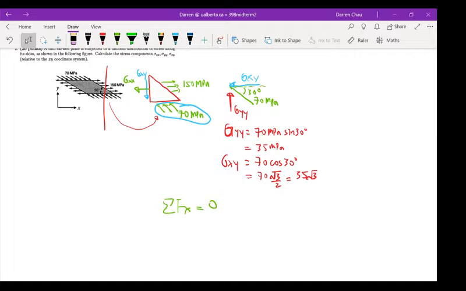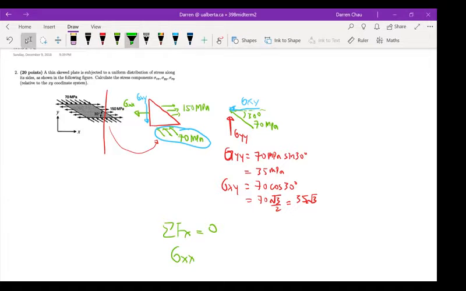Since we are using the force equilibrium equation, we have to use stress times the area to get the force. So sigma xx. Okay, before that, another thing to mention.